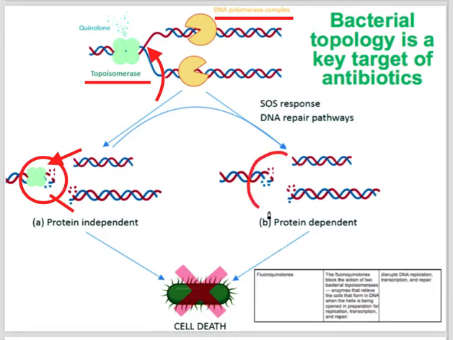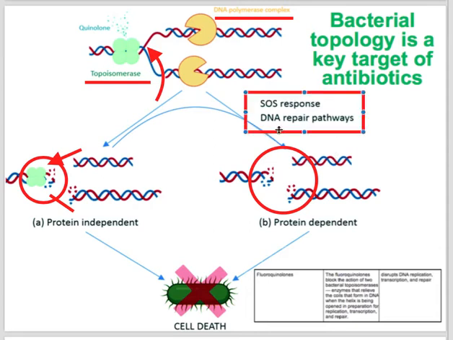Even when there is not a protein facilitating this, let's say you eliminated that topoisomerase, it's just going to break. And that's super bad. These responses are going to try and help the cell. So let's say that this is an antibiotic in this case. These responses will try and help the bacteria cell, but ultimately these are some of our best antibiotics because there's not a really good way to get around this many DNA breaks.